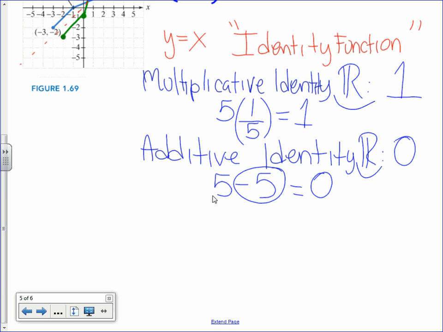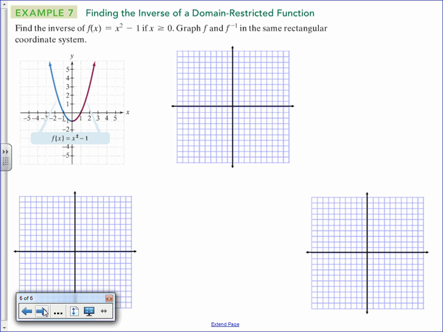Okay, let's go to the next slide. Now when a function is not one-to-one, it doesn't mean there's no hope, that you cannot find an inverse that is also a function.